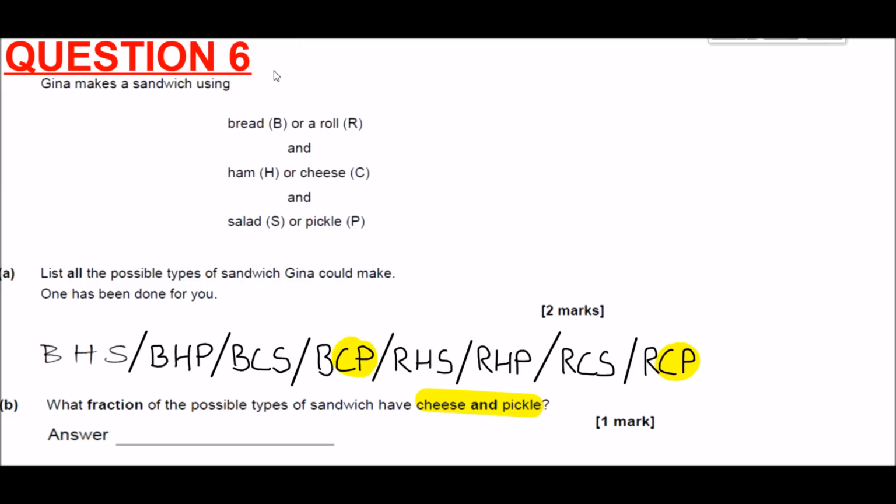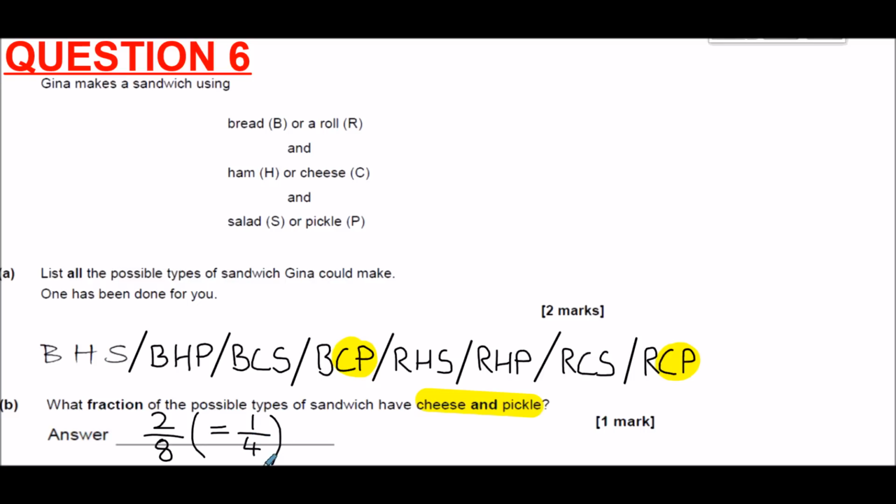And so out of these sandwiches, only 2 have cheese and pickle, but that's out of a total of 1, 2, 3, 4, 5, 6, 7, 8. And so the fraction that have cheese and pickle is 2 out of 8, which, if you want to, we can simplify down to a quarter.